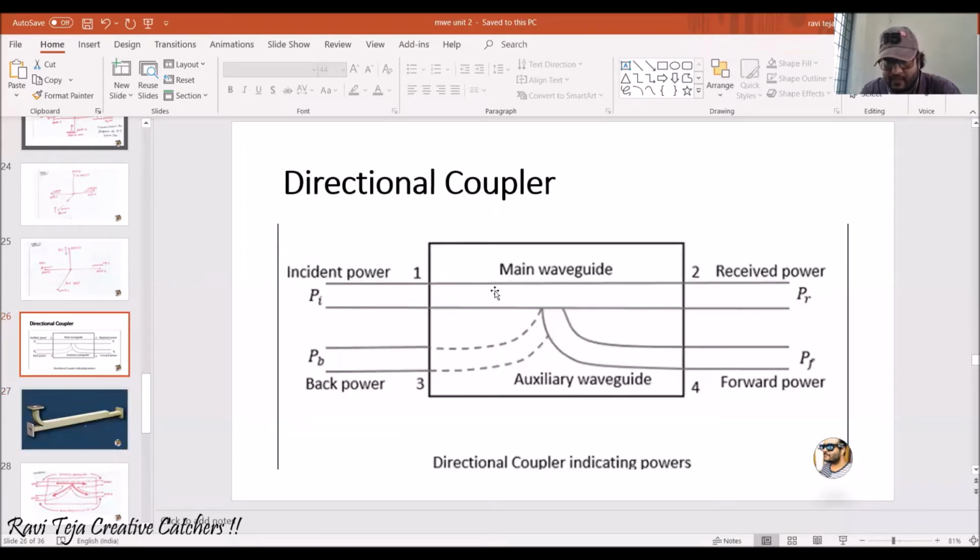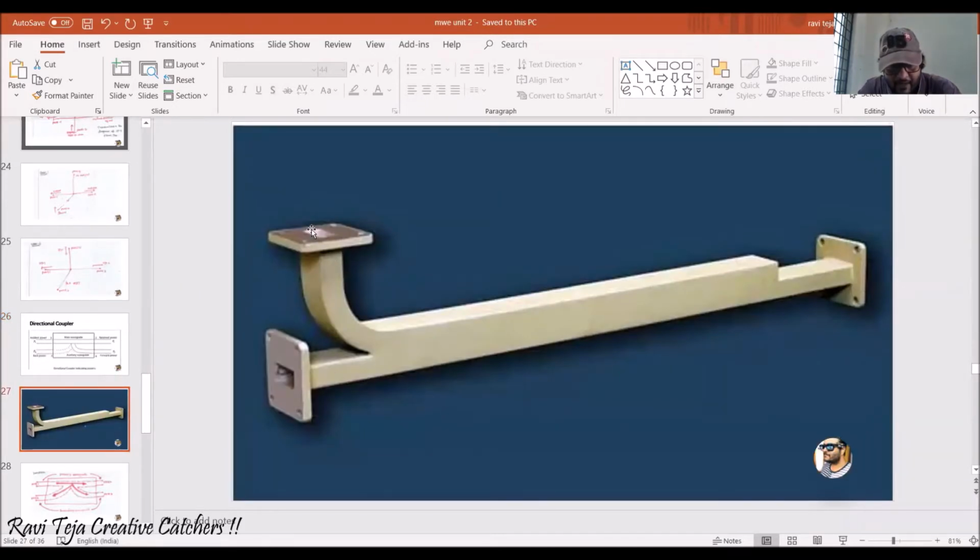This one we can call the main waveguide, or you can also call it a primary waveguide. Here you can see a bend. This is another waveguide which is welded to the bottom waveguide. If you see here, there are 2 parts. Watch this coupler carefully. This is another waveguide or junction which is welded to the bottom.